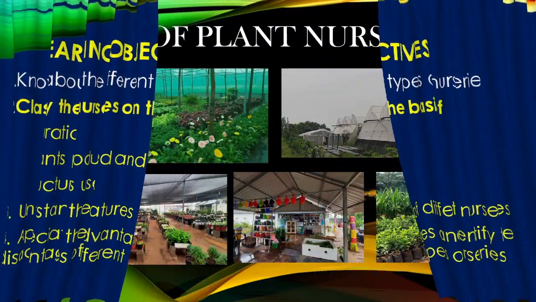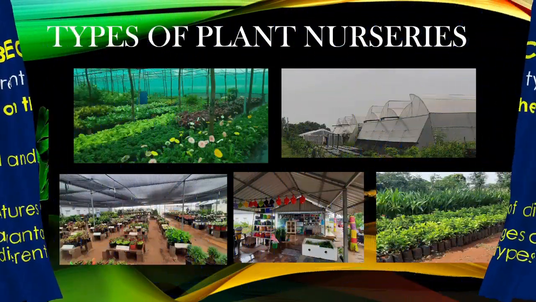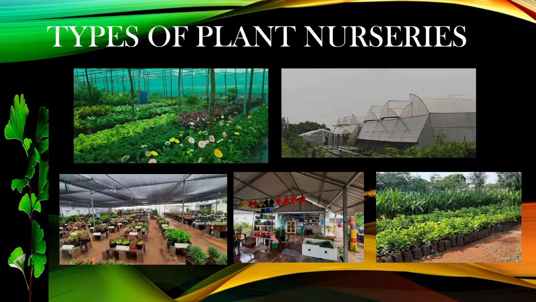Before knowing about the different types of plant nurseries, let us recollect what is a plant nursery. Plant nursery is a place designed to produce, grow and sell the plants. Plant nurseries involve all the tasks from the emergence of young plants to transplantation. Plant nurseries are an important source of planting material.